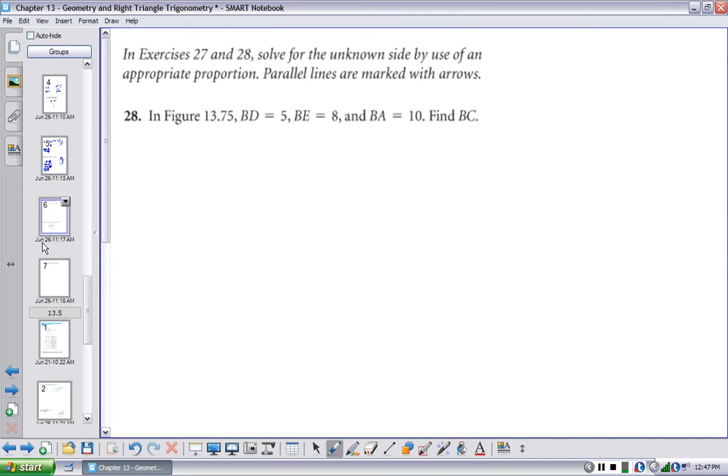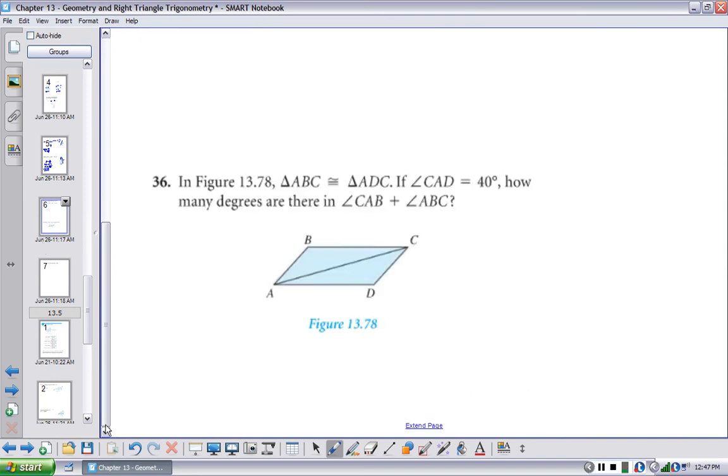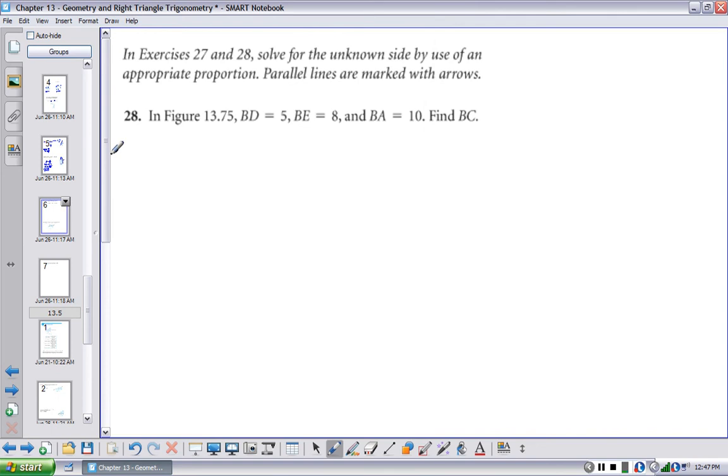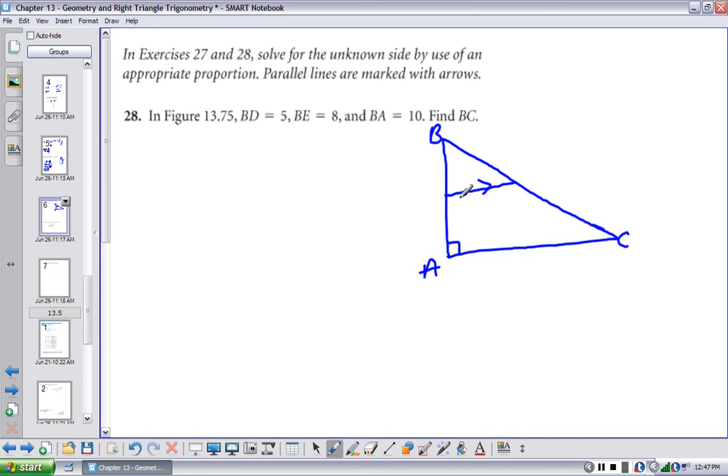In our picture, we have a right triangle, A, B, C. And then we have another triangle, D, B, E, and we have those arrows.